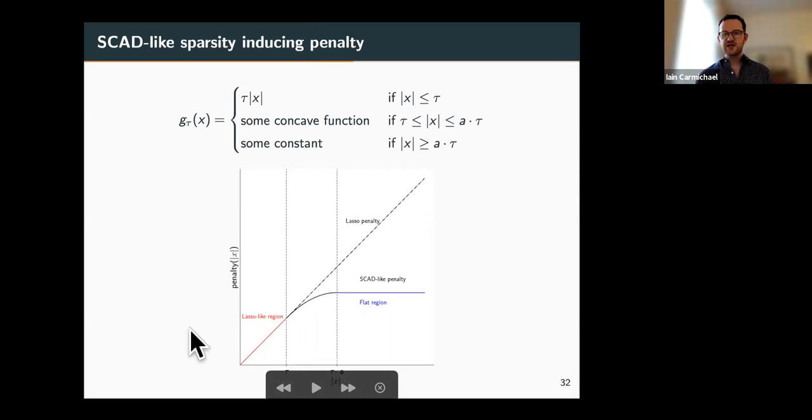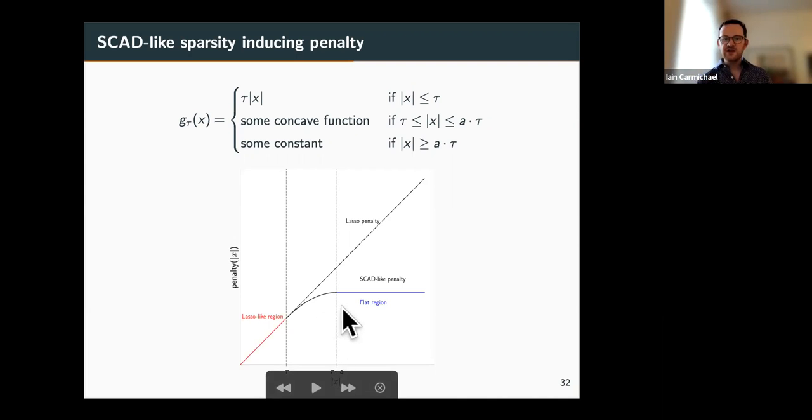This penalty function takes two parameters: tau, which is the weight that we tune, and a hyperparameter alpha that's fixed ahead of time. For SCAD, it's usually fixed to the magic value of 3.7, but anyway. So for small values of x, a SCAD-like function looks exactly like a lasso. For large values of x, the SCAD-like function is completely flat.